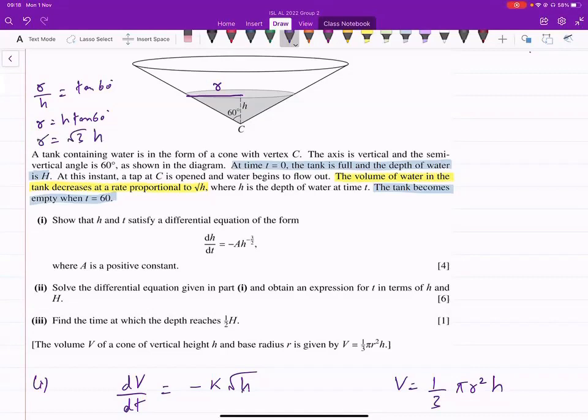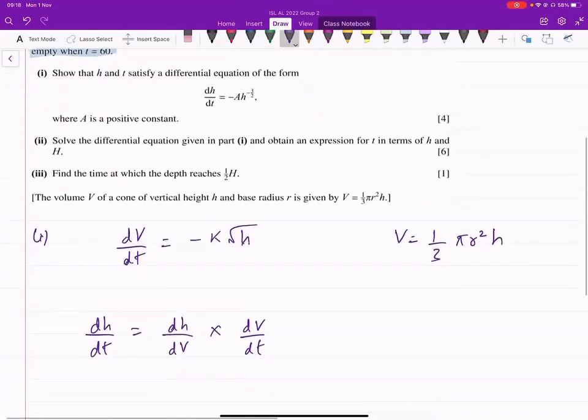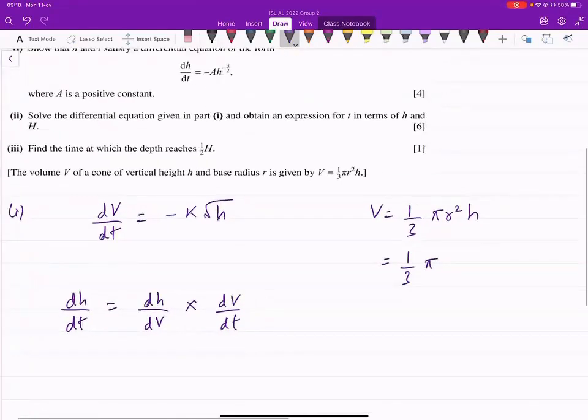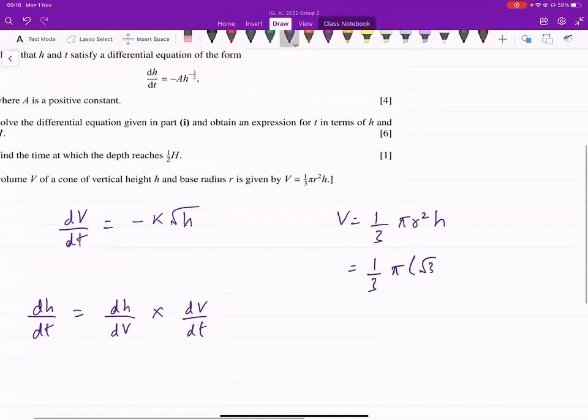That's the relationship between r and h. ठीक है? इसको जाके वहां पे इनपुट कर देते हैं. We get 1 over 3 pi into square root of 3h का whole square into h. That's your volume. We simplify this 3. We are left with pi h cube. That is the volume.